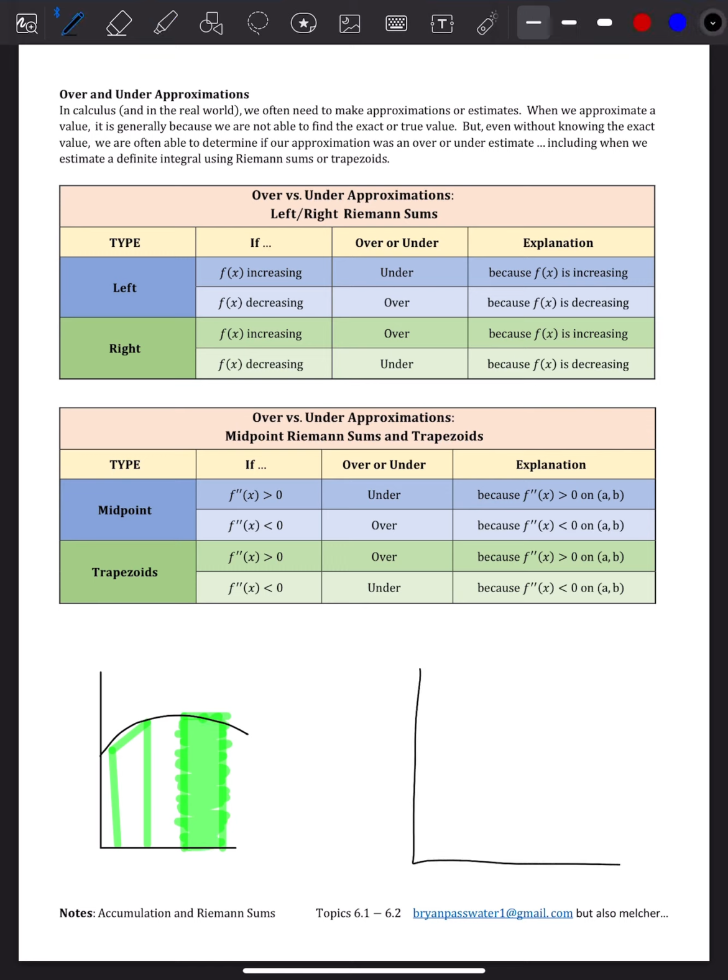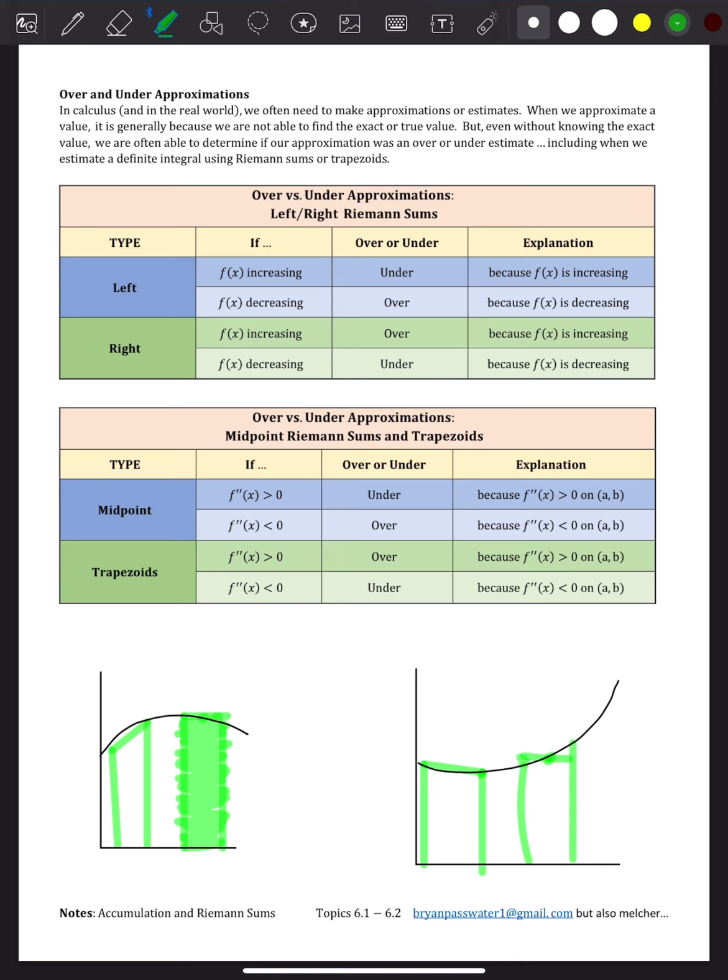Versus if we're looking at a concave up function, our trapezoidal rule takes our endpoints and connects them, being just a little bit over. Our midpoint function will take our endpoints, find the one in the middle, and then make a line.